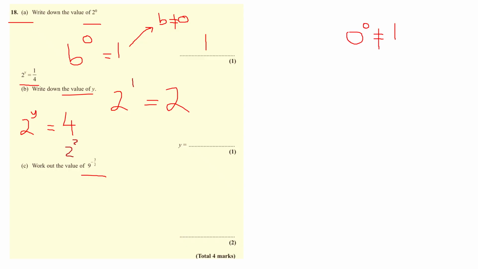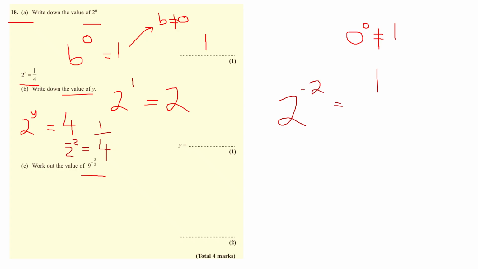But we want 1 over 4. So how do I make it 1 over 4 or a quarter? Well, a quarter is the reciprocal of 4, and to reciprocate a number, I have to make it a negative. So 2 to the minus 2 is 1 over 4 or a quarter, because 2 to the minus 2, guys, we should know, so this is our negative indices topic.